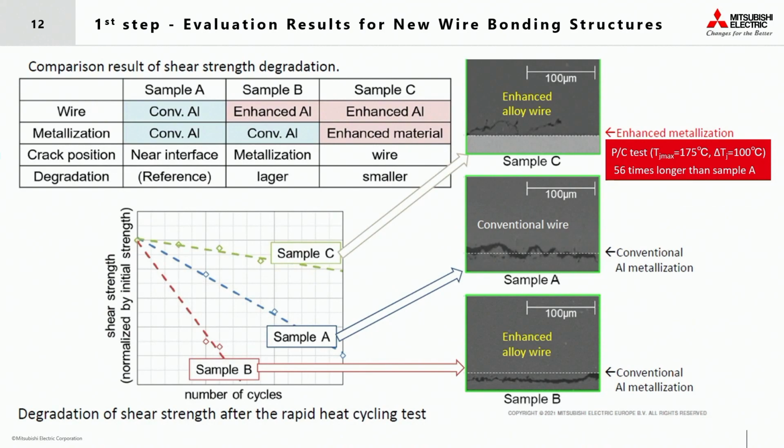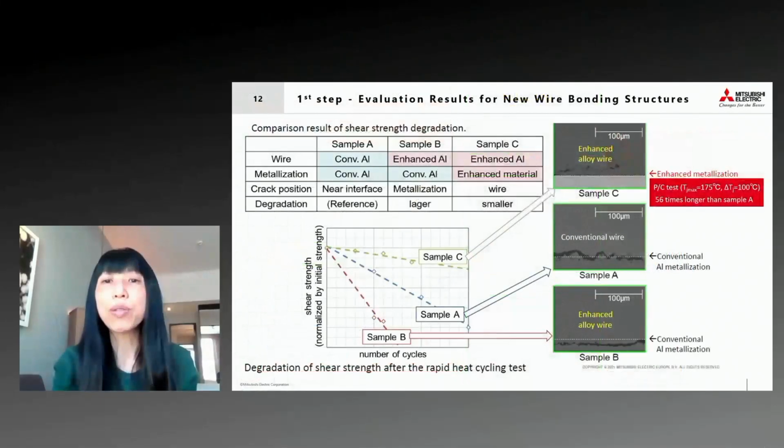Here is a result of one experiment. Conventional material and wire structure is A. Only wire material enhanced is B. And metallization and wire material both enhanced is C. This graph shows the wire bond strength after heat cycles.